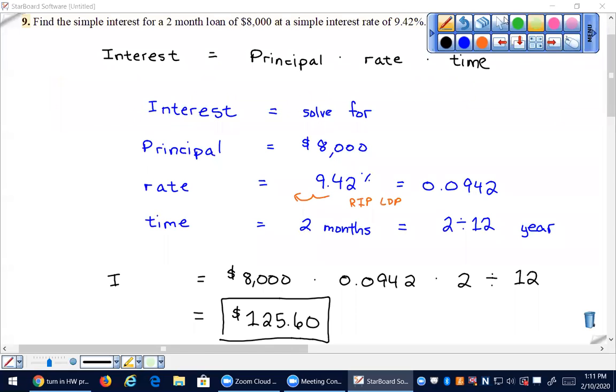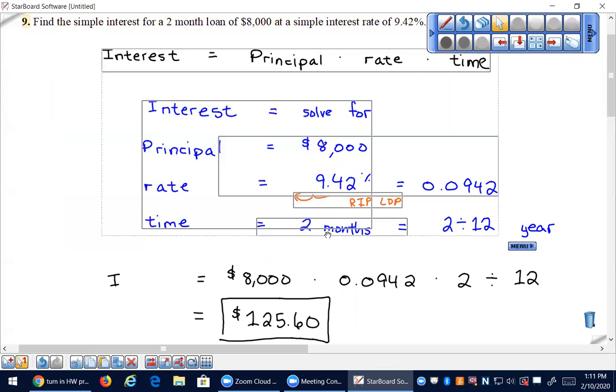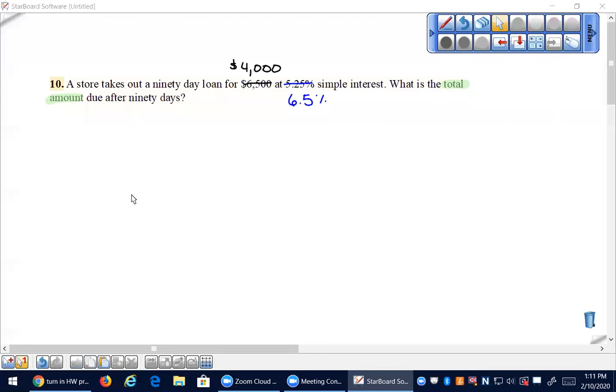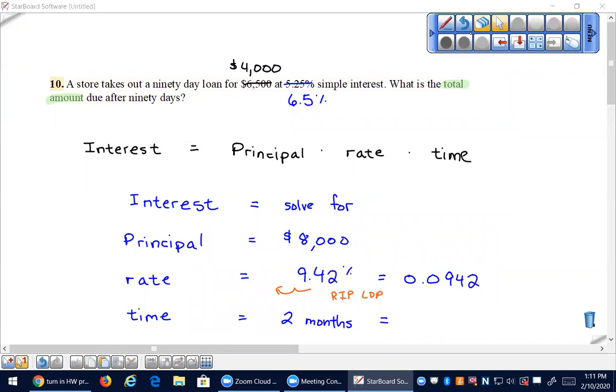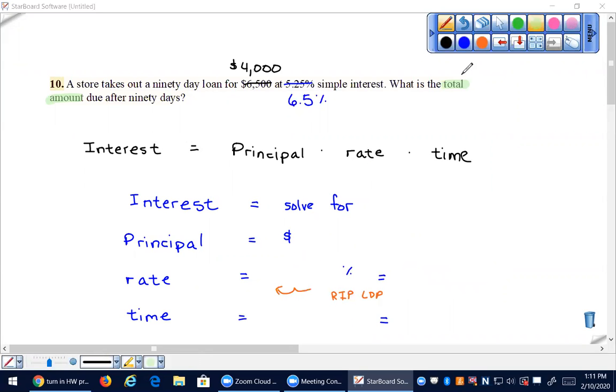Okay, so I go back here, I steal stuff. Interest is what we're solving for.